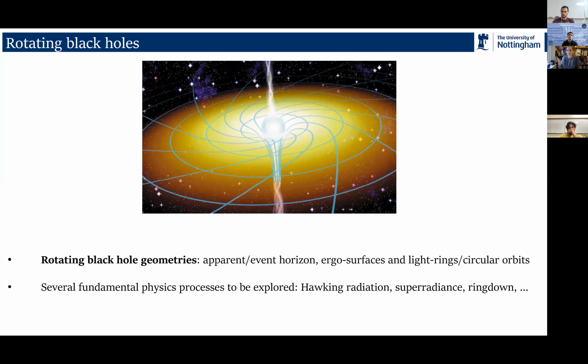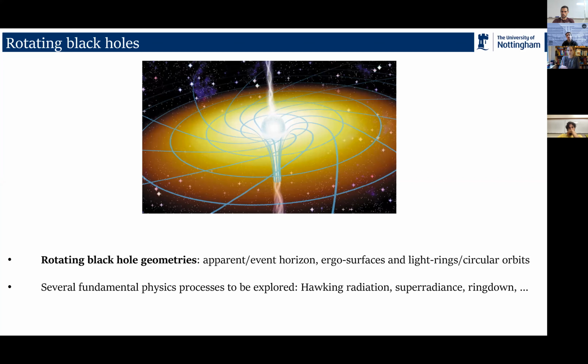They have apparent event horizons, ergo surfaces, light rings, and so on. And what's important for field theory in curved spacetimes is that each of these geometrical features gives you an effect to probe.